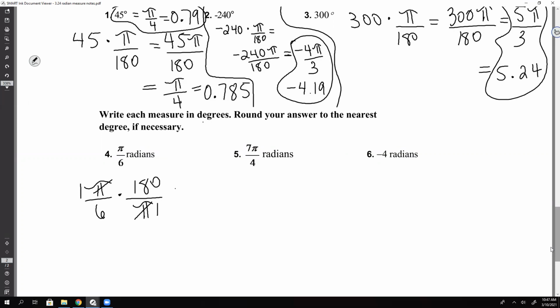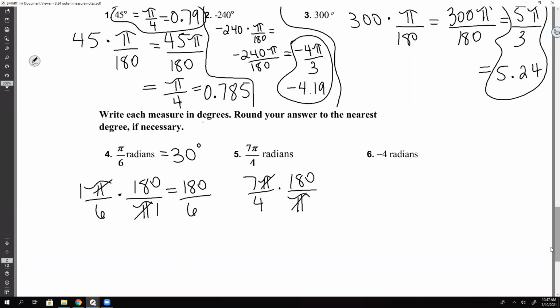Okay, so now we'll just go across. 1 times 180 is 180. 6 times 1 is 6. And it says we need to round our answer to the nearest degree if necessary. So 180 divided by 6, well, that's 30. So pi over 6 radians is 30 degrees. Okay, now we're going to do 7 pi over 4. So we do 7 pi over 4 times 180 over pi.